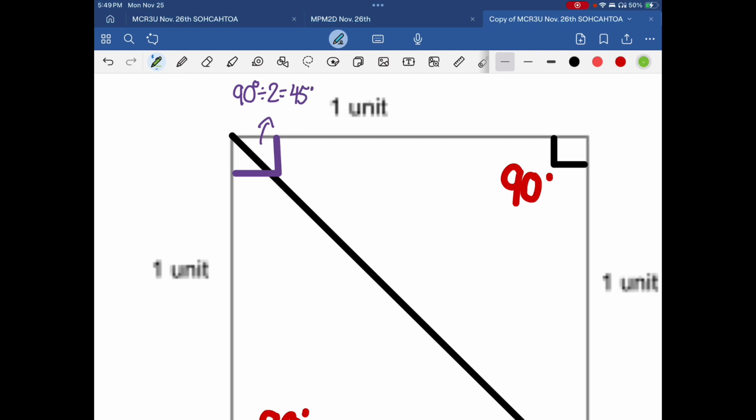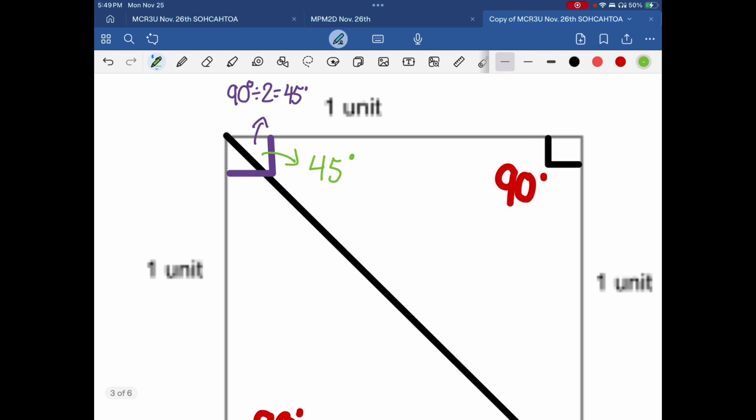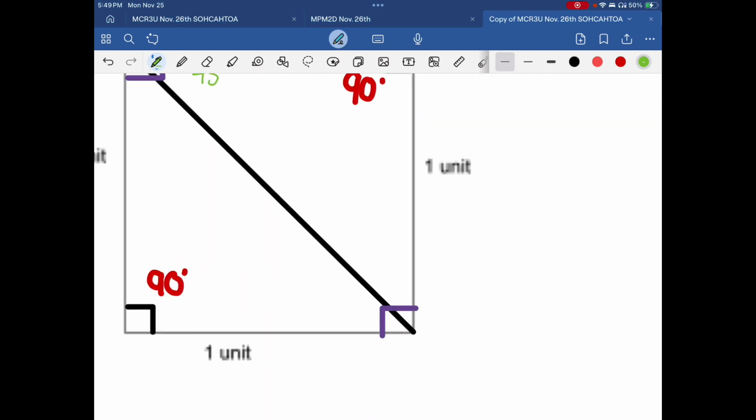So I know that I now have a triangle in the upper right-hand corner that's 45 degrees, 90 degrees, and the other one will also be 45 degrees since I'm splitting 90 degrees, which originally was my angle of the square, perfectly in half.